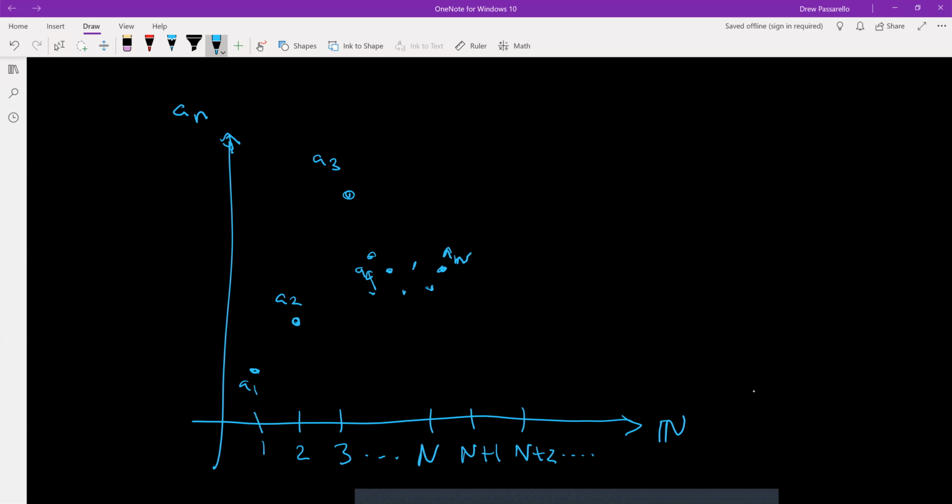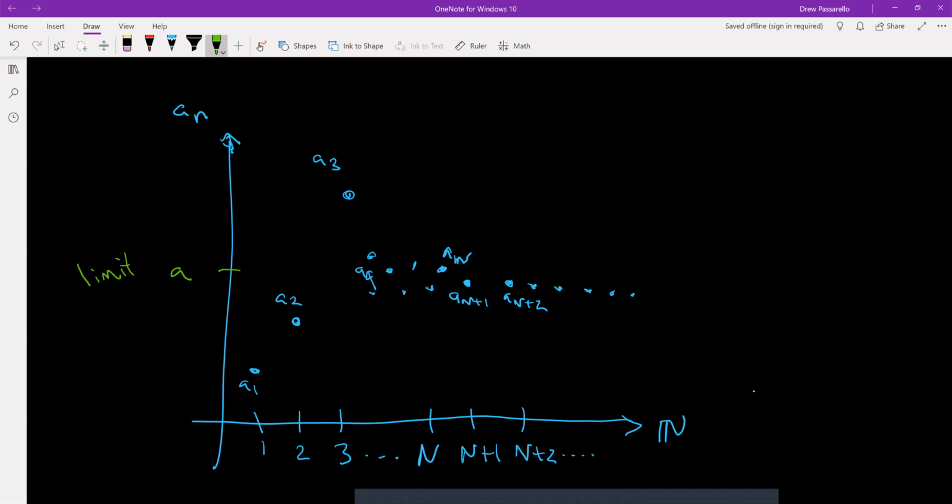Let's say that's a_N, and then we have a_(N+1), and then a_(N+2), and then it just keeps going like that. Now, let's say the limit we're saying is a, so that's what the limit is.